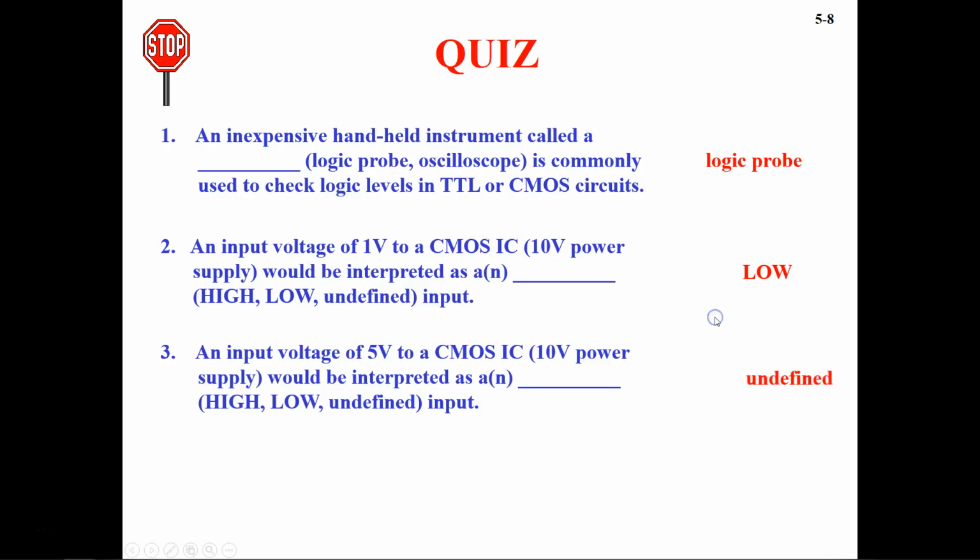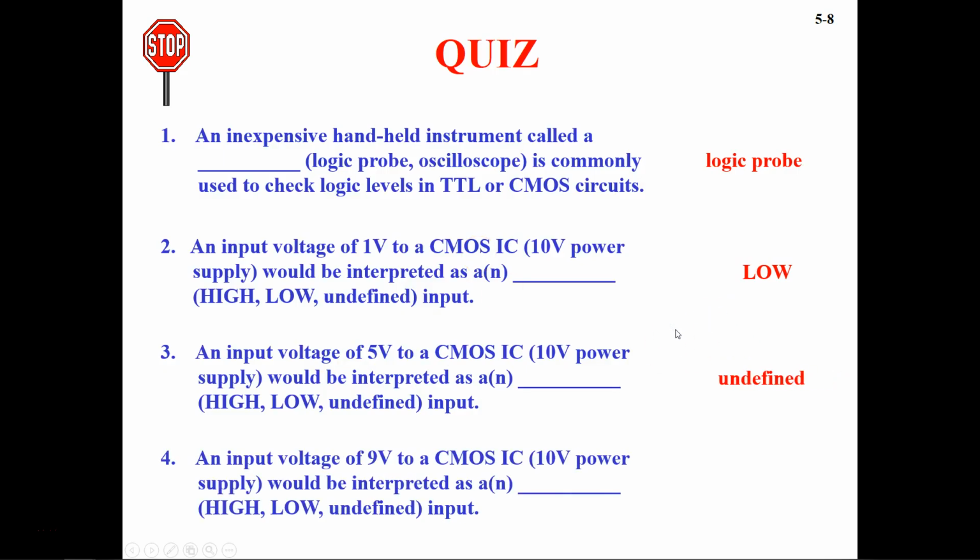Next, an input voltage of 9 volts to a CMOS IC powered by 10 volts would be interpreted as high, because 9 volts is pretty close to 10 volts and lies in the high voltage profile. So that's why we have high here.